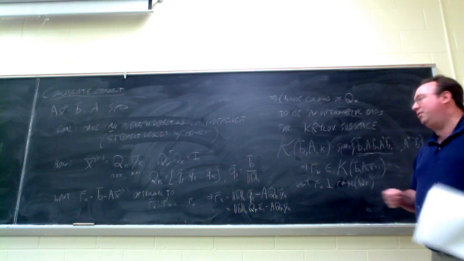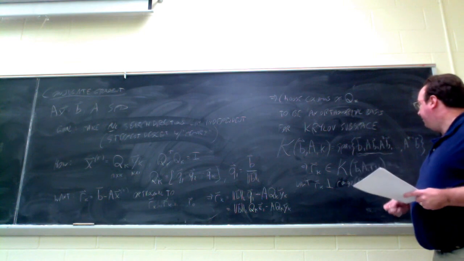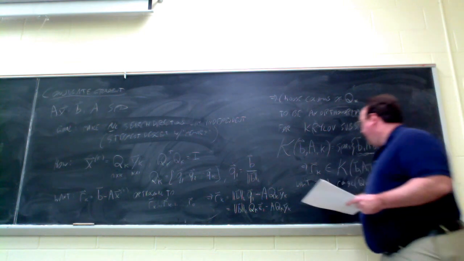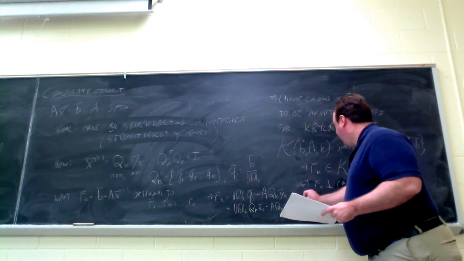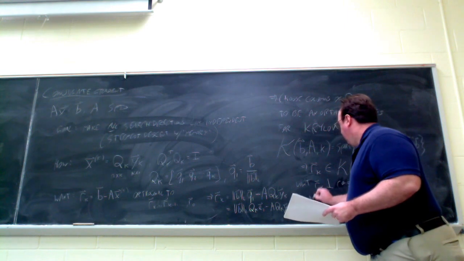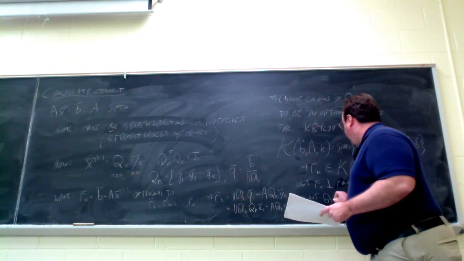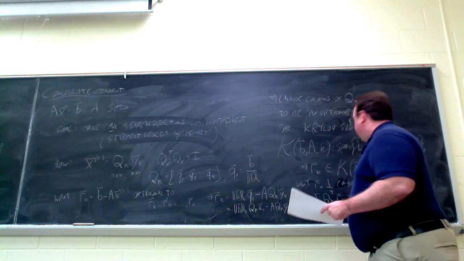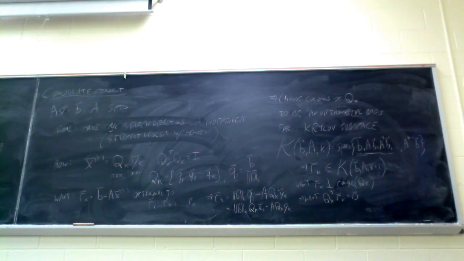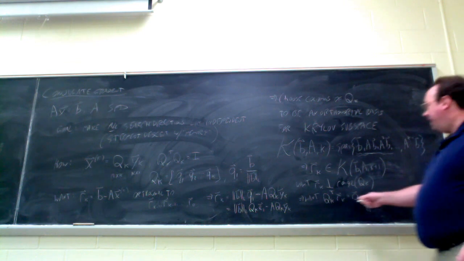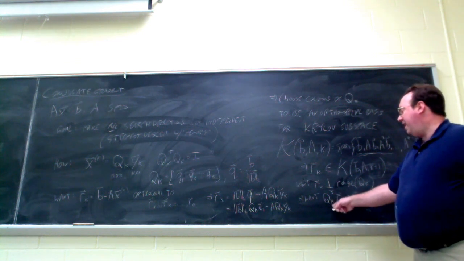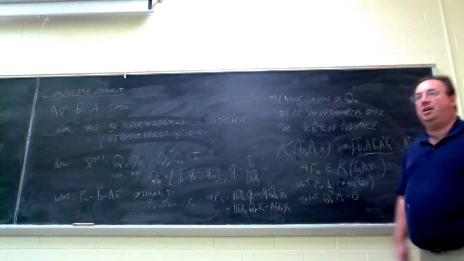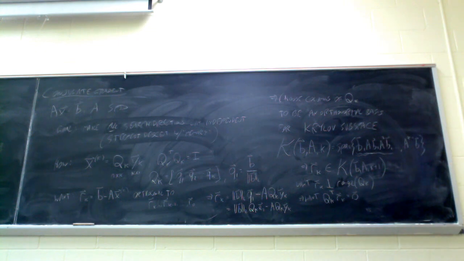It's this way for all iterations. So another way of putting this is, I want QK transpose RK to be 0. So that is saying that RK is orthogonal to every column of QK. All right.